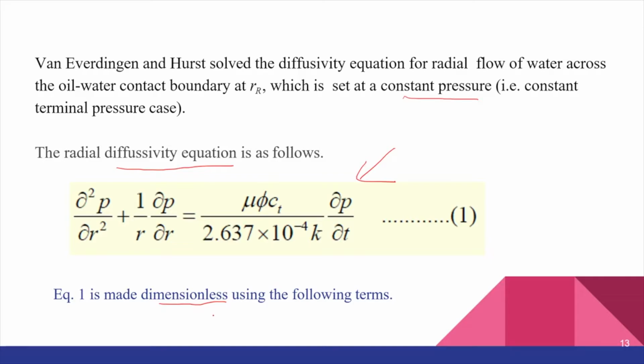So how do we make properties like time and pressure dimensionless? Time has units in seconds or hours, and pressure we have in psi. We need to convert these units to become unitless. So no unit means dimensionless.